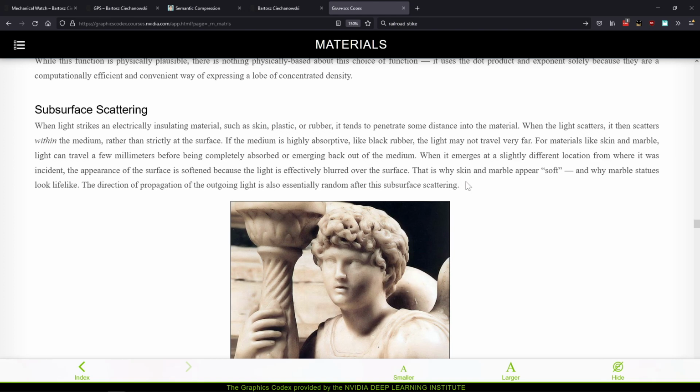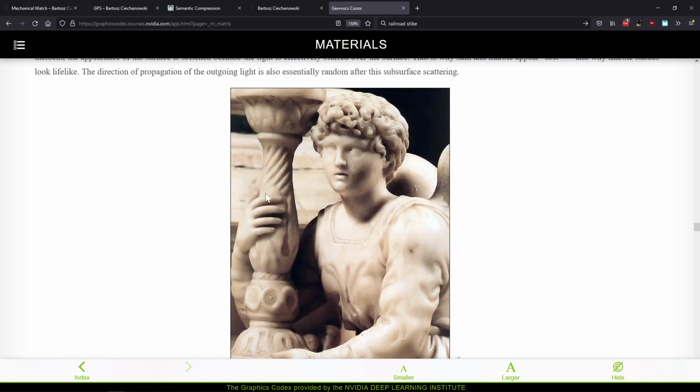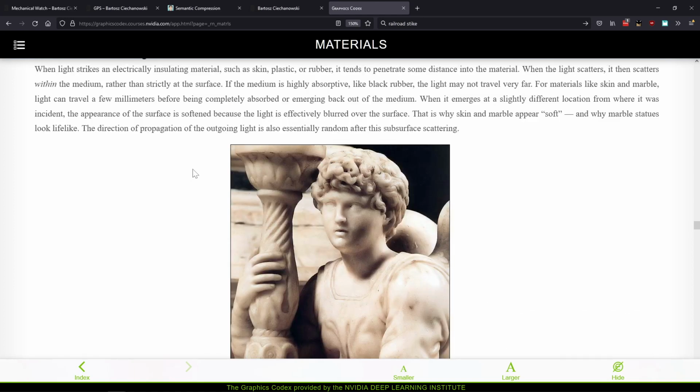Have you ever taken a light, like a flashlight, and put it on the web between your thumb and index finger? You can see the light through it because light will travel through some things quite far and come out at a place very far away from where it entered.